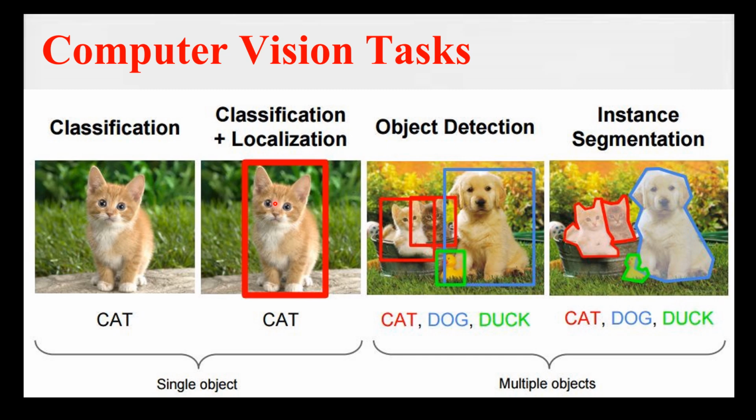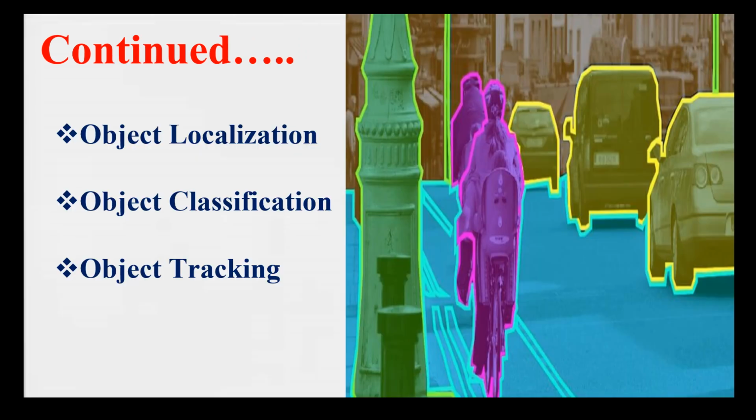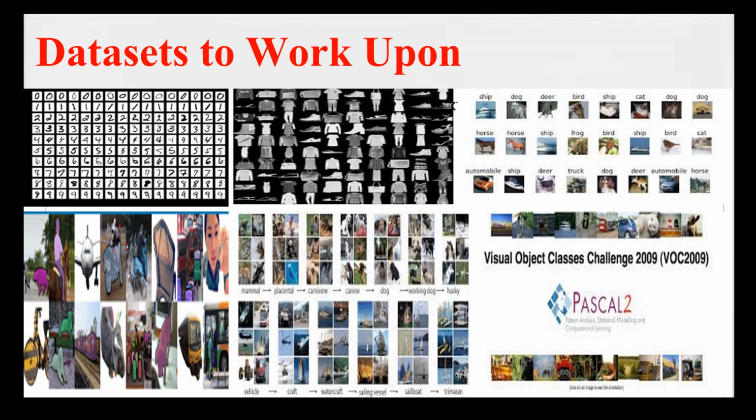Then comes object classification, that is predicting the type or class of the object localized in the image. And then comes object tracking, that is you are locating a detected object in an image or real world using a bounding box.